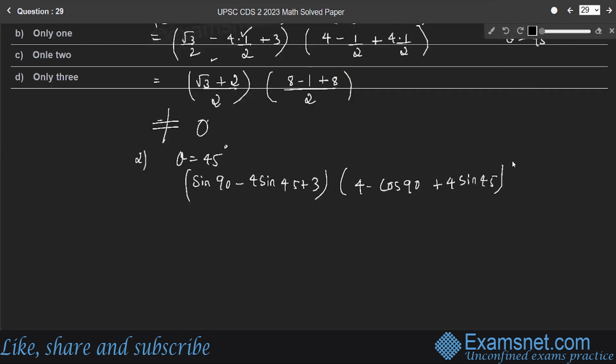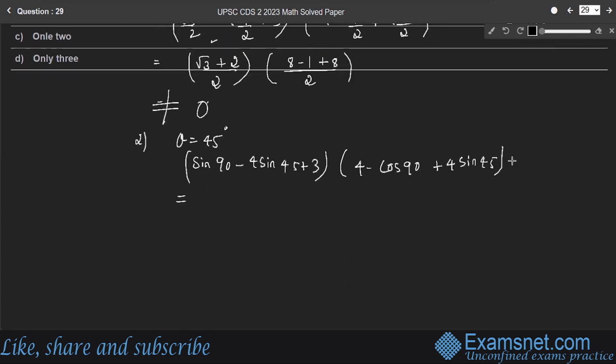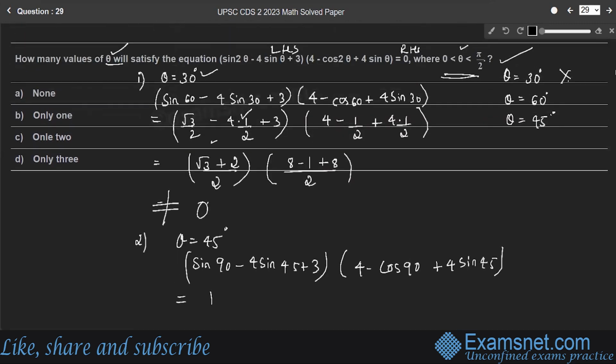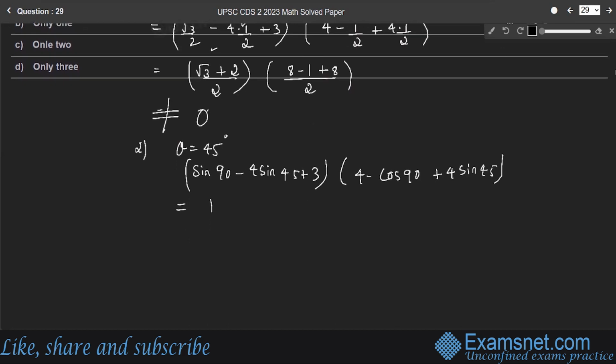This should be equal to 0, then only the value of theta is 45 degrees. Sin 90 is 1, so minus 4 sin 45 degrees. Sin 45 is 1 by root 2, so it is 4 by root 2, plus 3. And 4 minus cos 90, which is 0, so we'll just avoid this term. So 4 plus 4 by root 2, since 4 sin 45 is 4 by root 2.